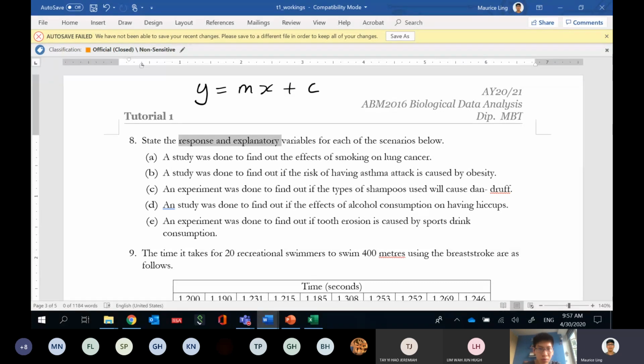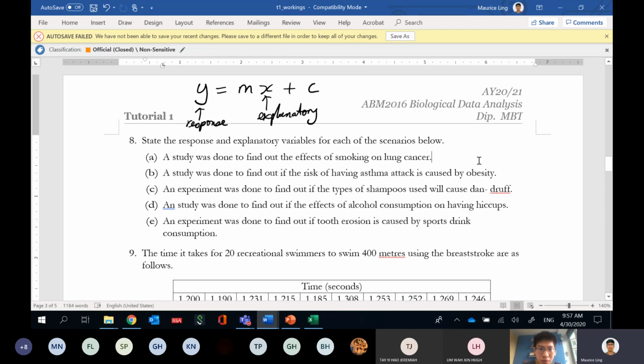Correct? The response is y. Basically, you make y the subject, it means that the response is y. The explanatory is x.